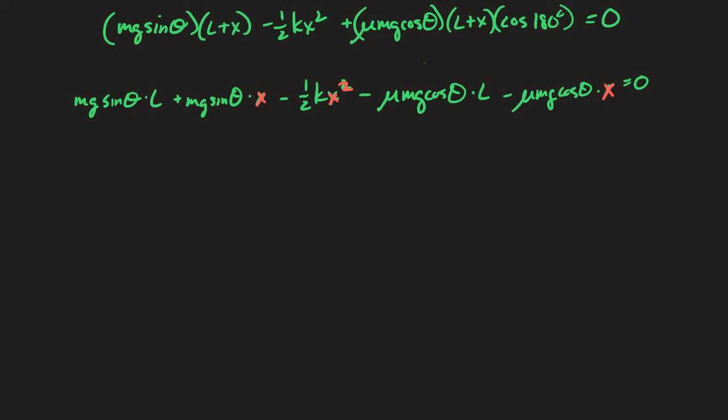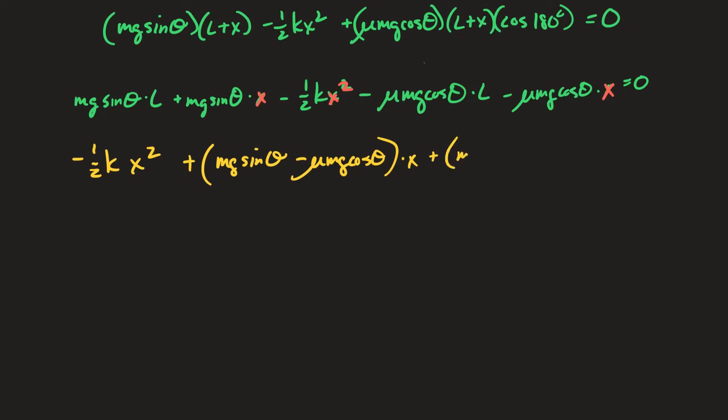So, minus 1/2 kx squared plus mg sine theta minus mu mg cosine theta all times x plus mg sine theta minus mu mg cosine theta times L equals 0.